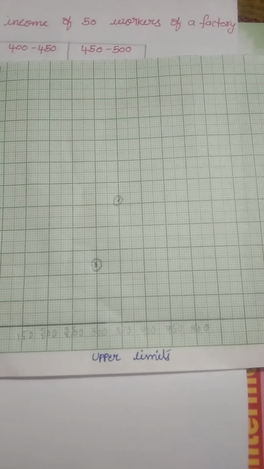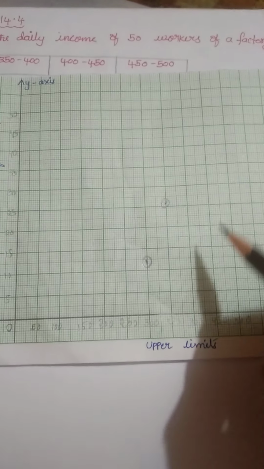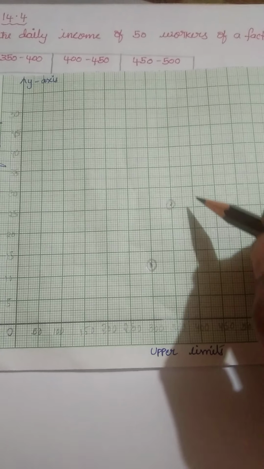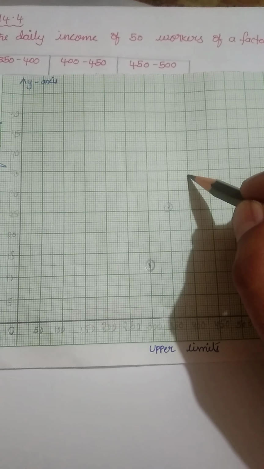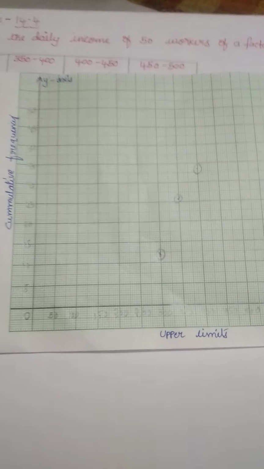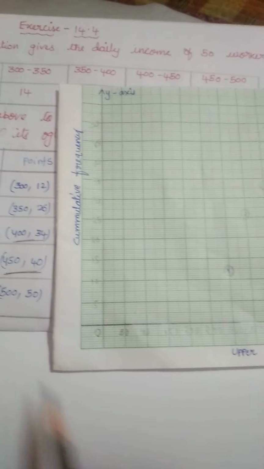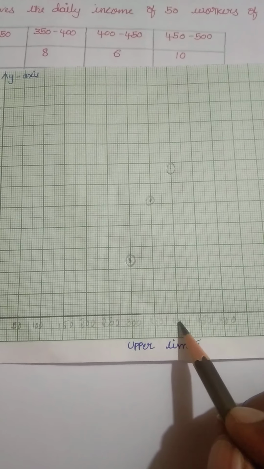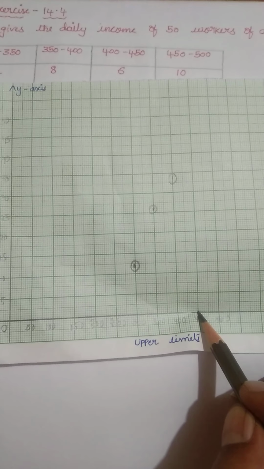This is our 400 and 34, this is our 400 comma 34. The next one 450 comma 40. So where is the 450? Here is the 450 comma 40.